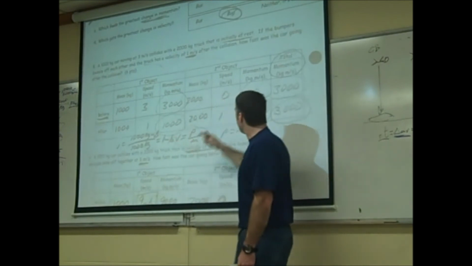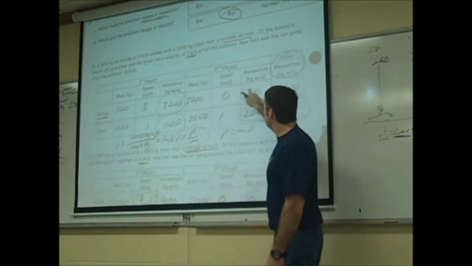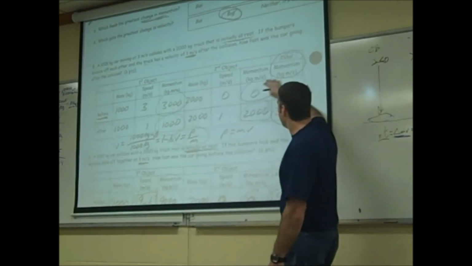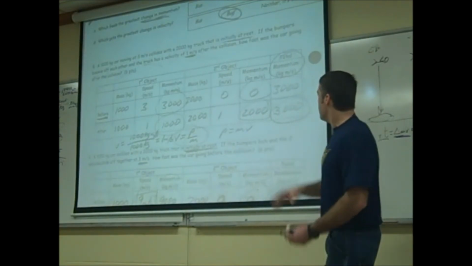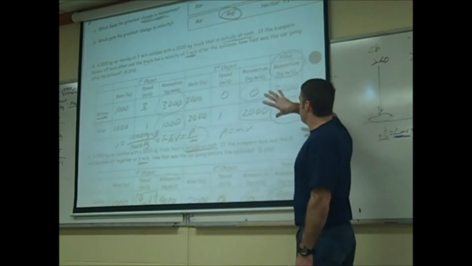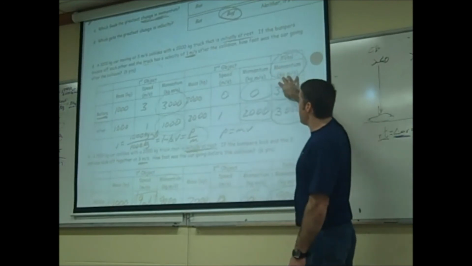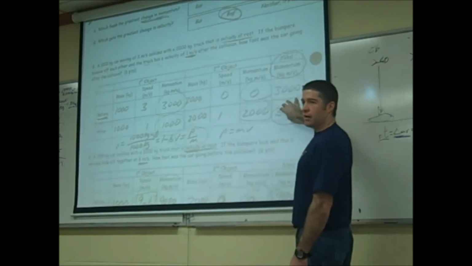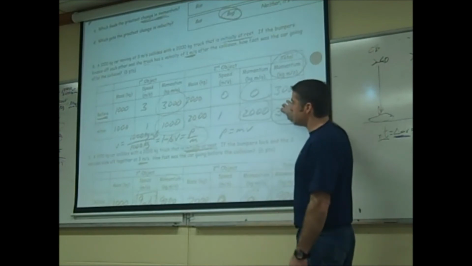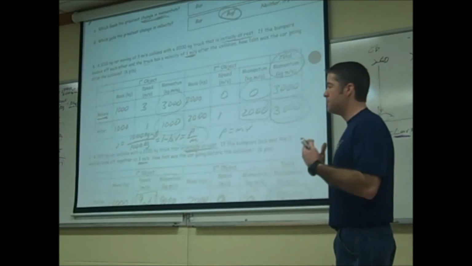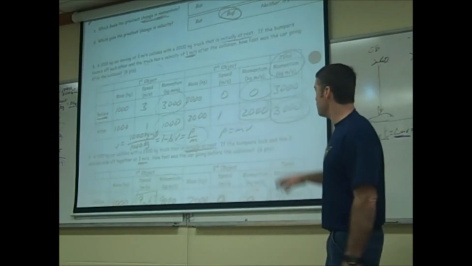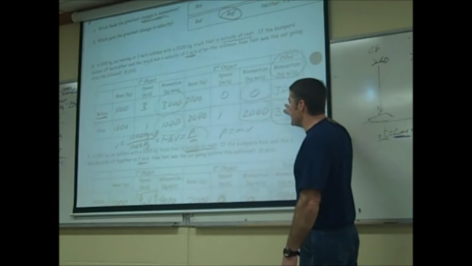That's the momentum of the car, mass times speed gives you the momentum of the truck. Add them up to get the total momentum, and you're done with the before. Now, the important thing to know is that you can take that 3,000 and put it here. Why? Momentum before is the same. The law states the total momentum before some event takes place is going to equal the momentum after. That's the law of conservation of momentum.